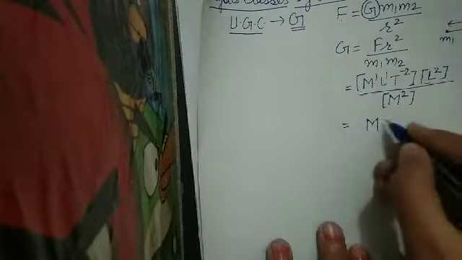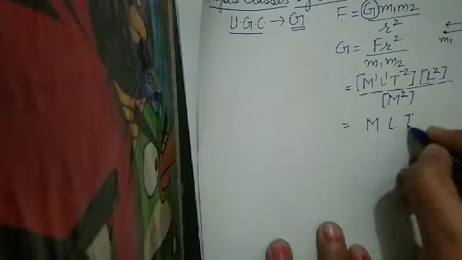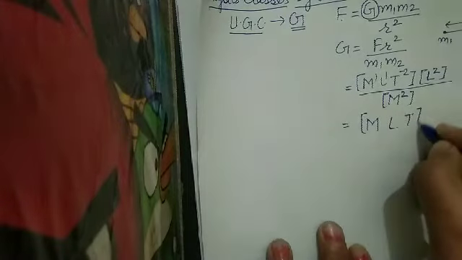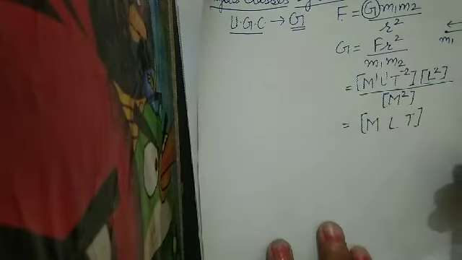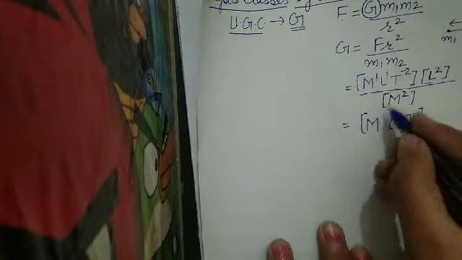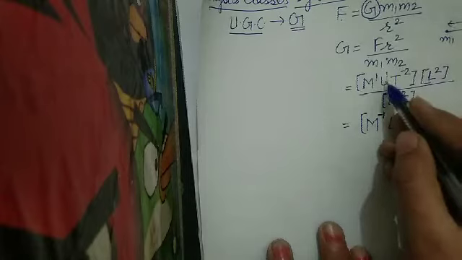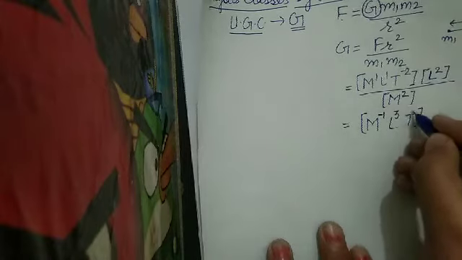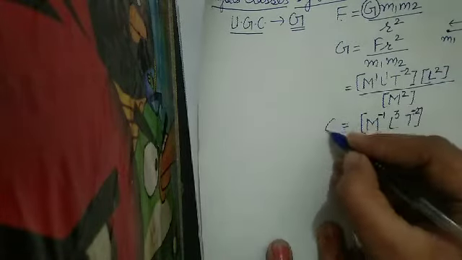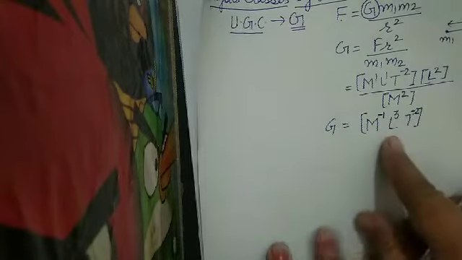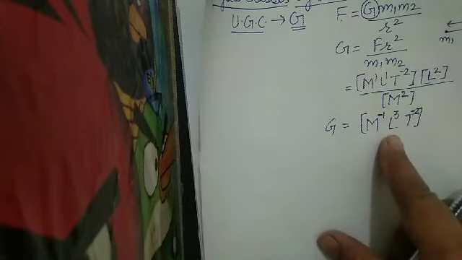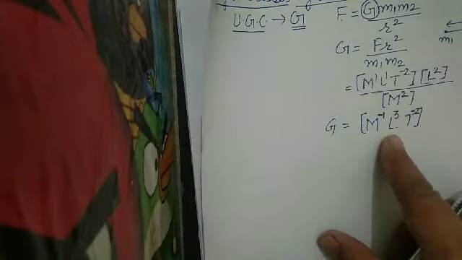Combining them and arranging in the sequence of MLT, we will find the dimensional formula of the universal gravitational constant. It will be [M^-1 L^3 T^-2]. So it is the dimensional formula of the universal gravitational constant.